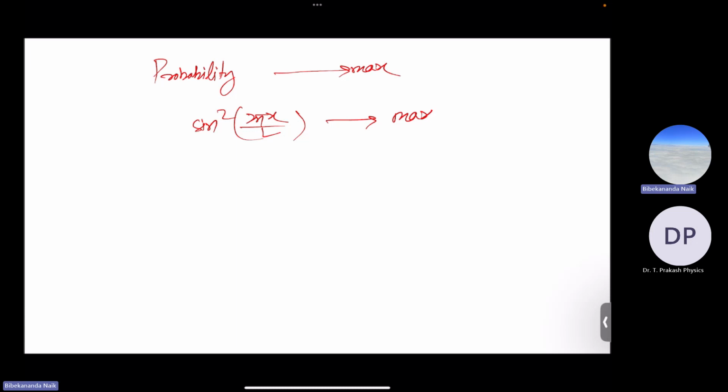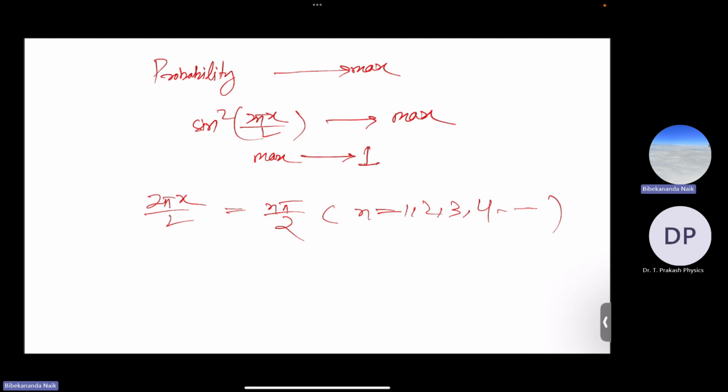It is 1 only. That means 2 pi x by L equals n pi by 2, where n equals 1, 2, 3, 4, like that. Because sine 0 is 0, sine pi by 2 is 1.